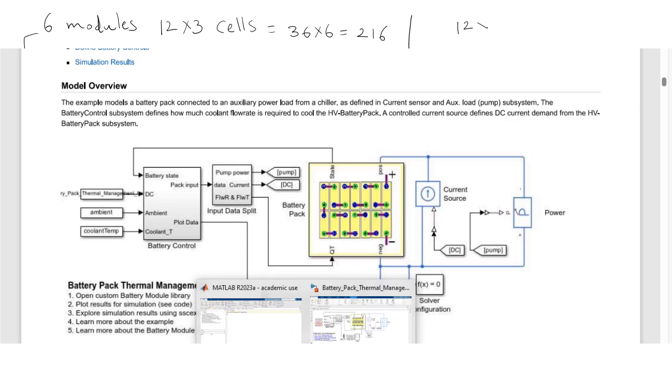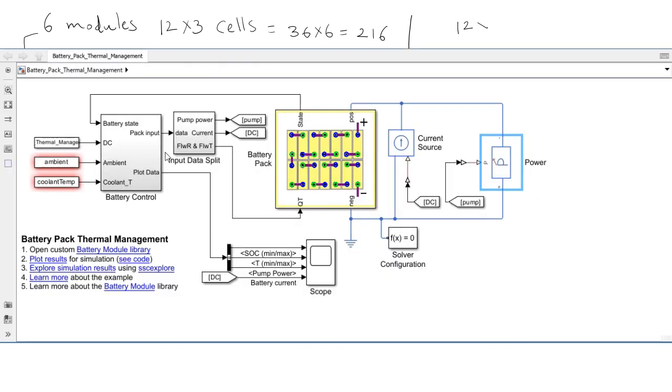I will show you the model here in MATLAB Simulink. See, thermal management means current demand, ambient temperature and the coolant temperature. Those are the inputs for the battery control. So battery state is also considered here, and based on the present input values, what battery pack input data is required.